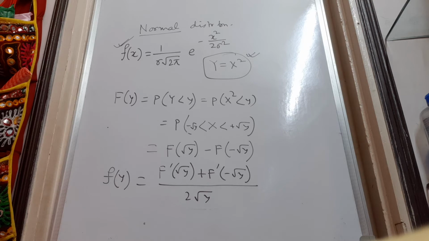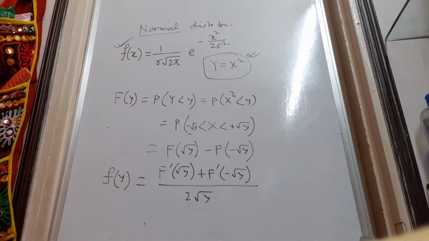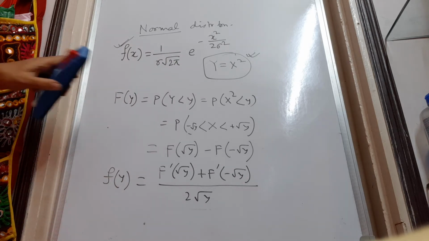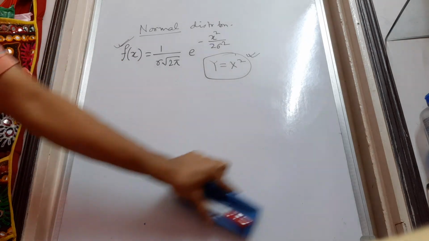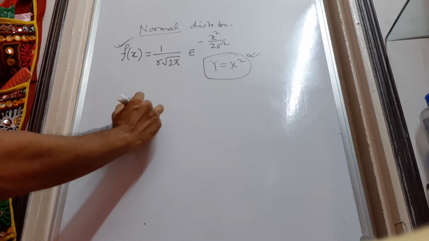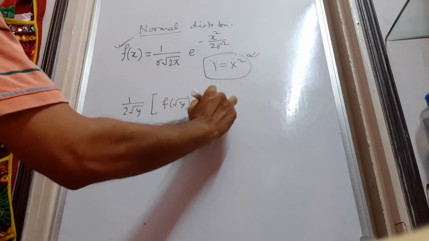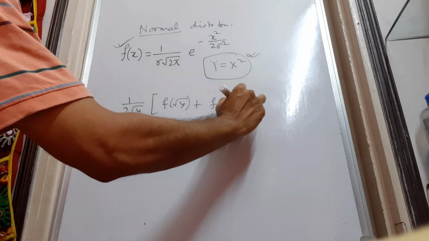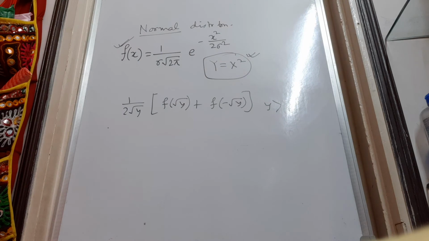So, we can easily write that due to the transformation of y equal to x square, the density function of f x transfers to this. And obviously, here y must be greater than 0.